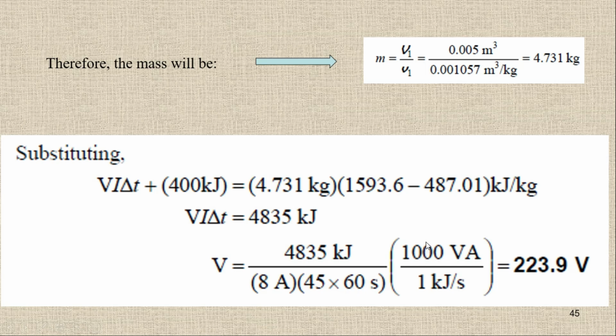But here I am going to multiply with 1000 because we have this one in terms of kilo. So we have kilo, so you have to multiply with 1000. Ultimately you will get the final value of the voltage, which is equal to 223.9 volt. So the final or the supply voltage is 224 volt.